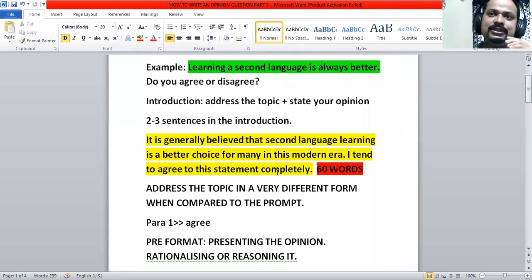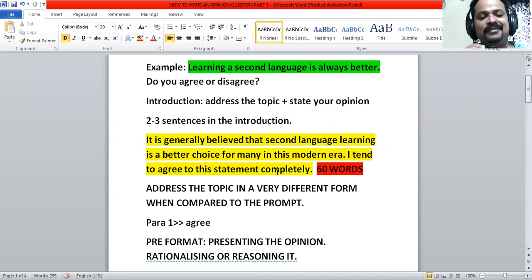Most people use this time to keep the pen on the paper and think. For this, we do have very little time. So we have to think first. We have to frame the introduction in our mind. How many sentences, how many words?